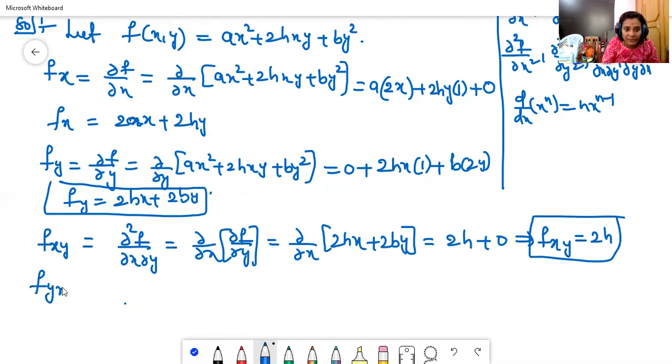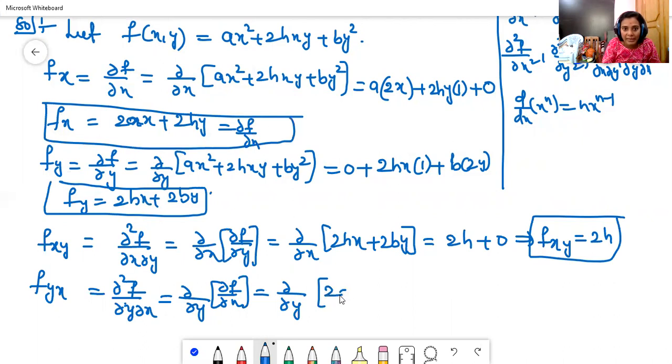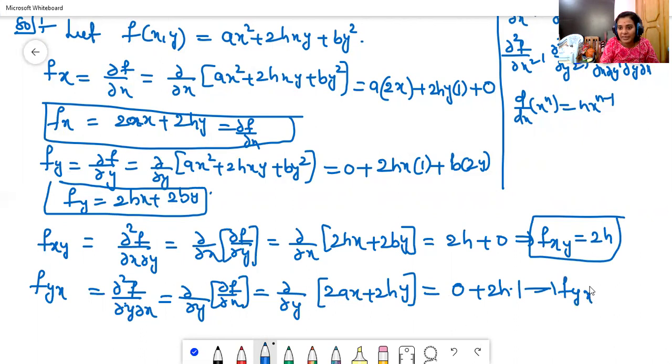Next, f_yx, that is ∂²f/∂y∂x, equals ∂/∂y of ∂f/∂x, which is ∂/∂y of f_x, that is 2ax + 2hy. x is treated as a constant, so its differentiation is 0, plus 2h, since y differentiation is 1. So from this f_yx is equal to 2h only.